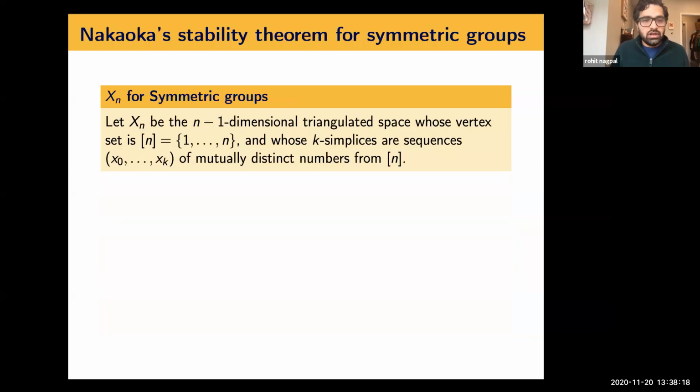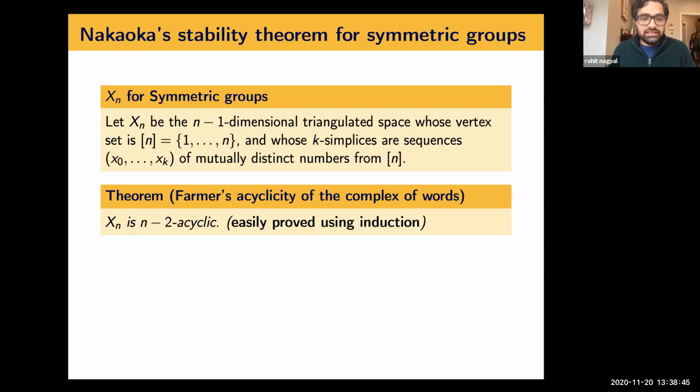Okay, so let's see an example. Let's prove Nakaoka's stability theorem. So here is a nice triangulated space. I want to define the space whose k-simplices are just sequences x0 to xk of mutually distinct numbers from n. It's a pretty easy space to define.